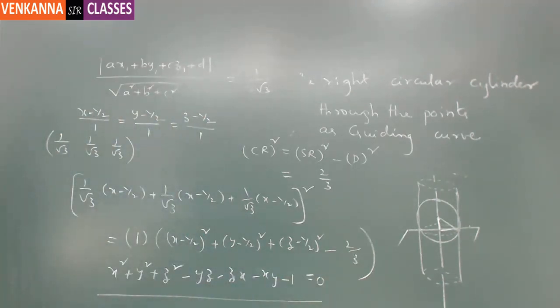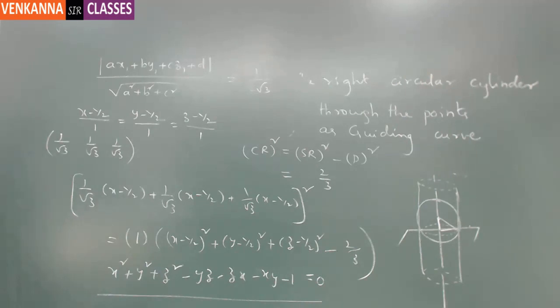This is the equation of the right circular cylinder. Fine. You please check on that. So everyone, please check the approach what we did actually. If any confusion for anyone, I will repeat the entire thing, what we have done.